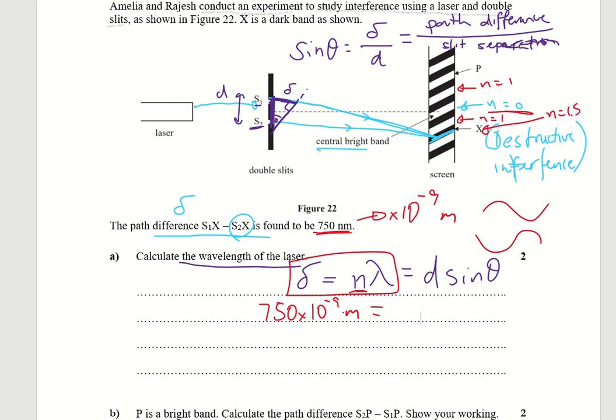The waves are moving out of phase 180 degrees of each other. So n in this case is 1.5 lambda. Right, so let's divide it over to the other side. So lambda is 750 times 10 to the minus 9 over 1.5. And let's check out what answer we get.